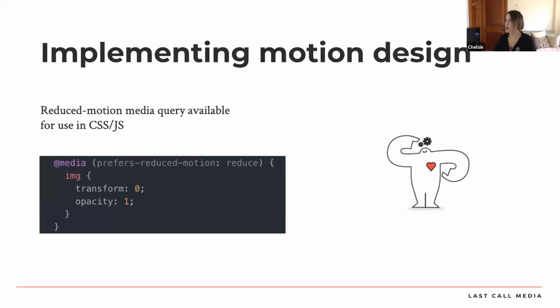So I talked about opt-outs. This example is of an opt-out using the reduce motion media query, which is available in CSS and JavaScript. So in your OS or in your browser, there's a setting that you can check that says don't show animations.